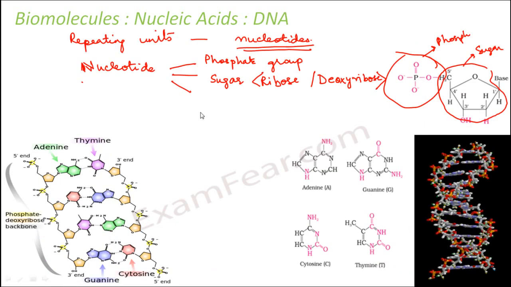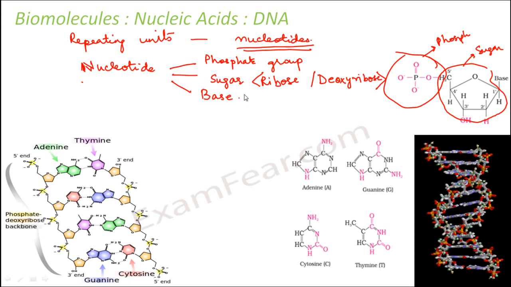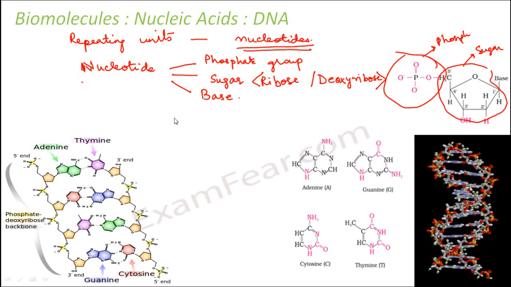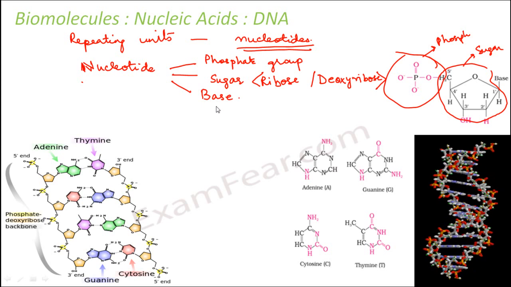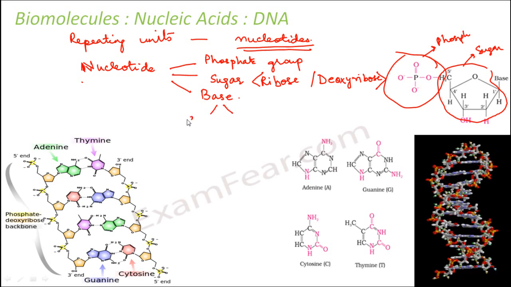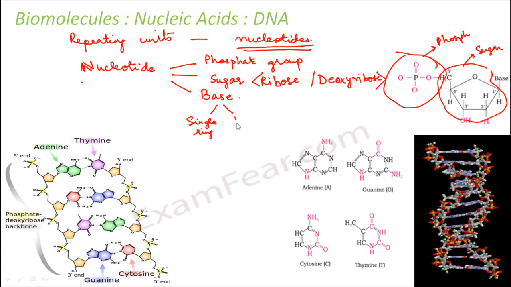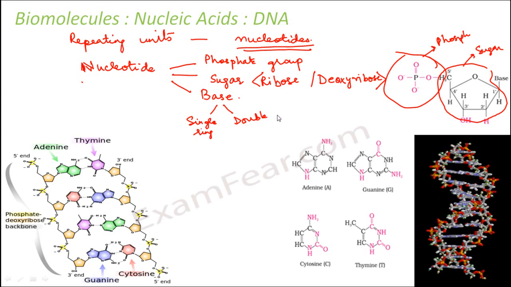and the third part is a base, or rather a nitrogenous base. Now this base can again be in two forms. It exists in two forms. One is a single ring form, the other one is in the double ring form.